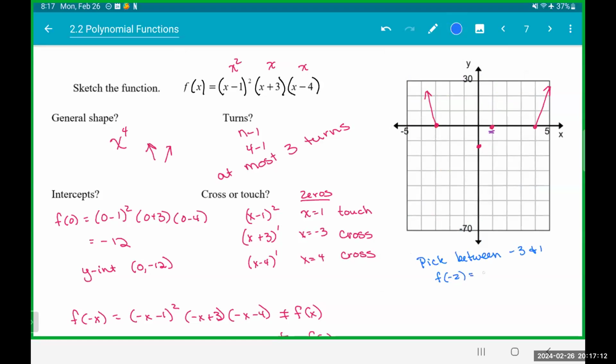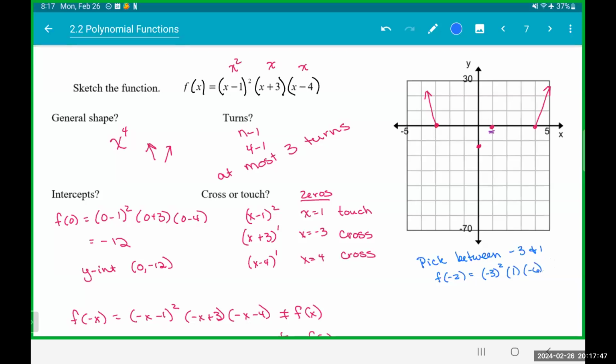So we plug that in and we get negative 2 minus 1 is negative 3 squared, times negative 2 plus 3 is 1, so that's 1 to the 1, times negative 2 minus 4 is going to give us negative 6.